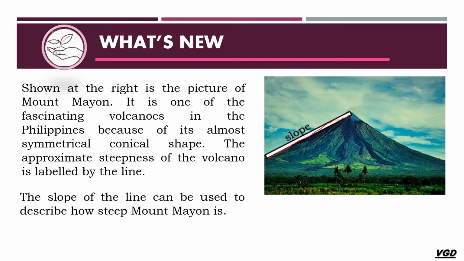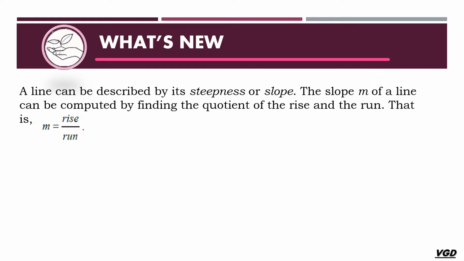The slope of the line can be used to describe how steep Mount Mayon is. So in this module, you will explore rate of change, which is often seen as the slope of the line of an equation. And let's find out how we are going to do this.